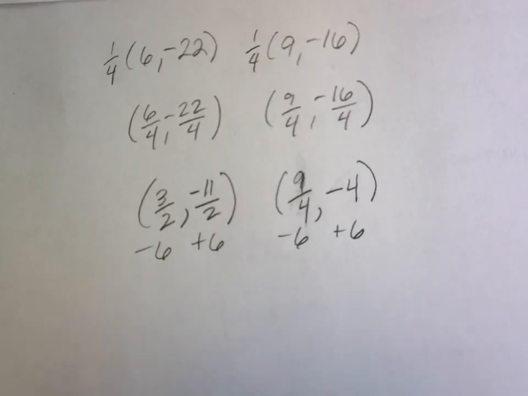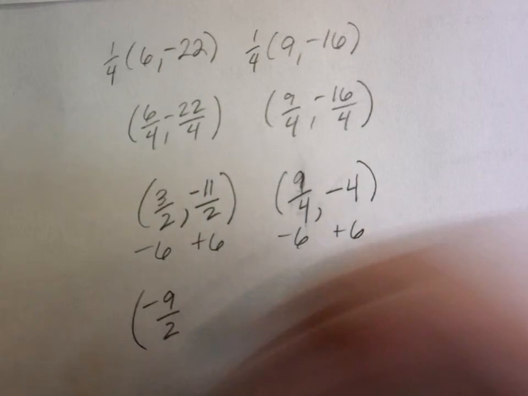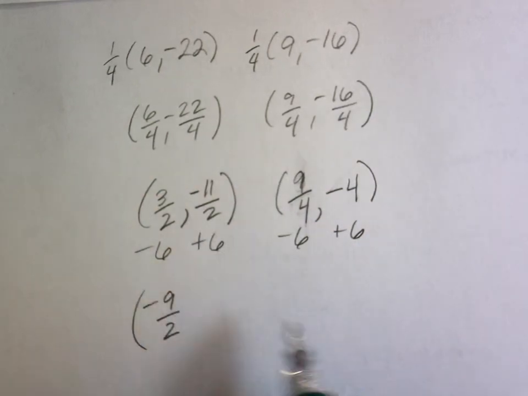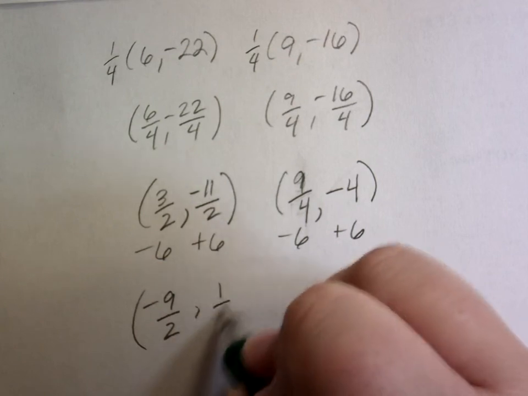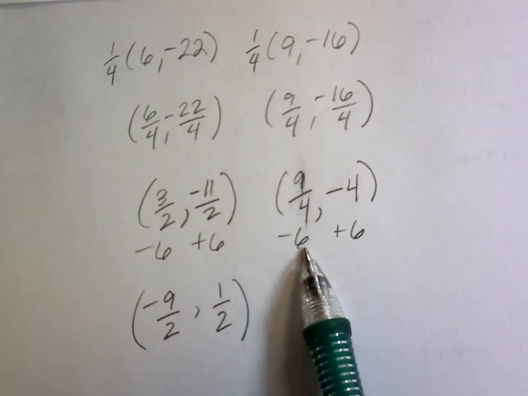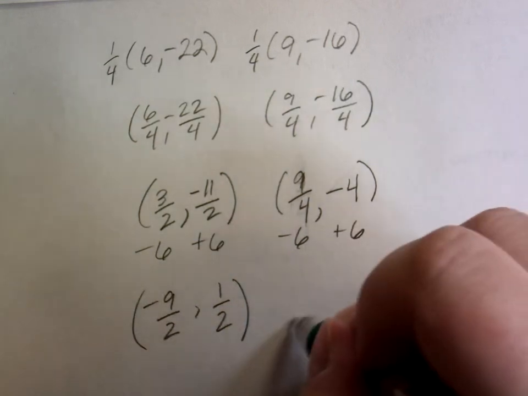3/2 minus 6 is 3/2 minus 12/2, which is -9/2. -11/2 plus 6 is -11/2 plus 12/2, which is 1/2. 9/4 minus 6 is 9/4 minus 24/4, which is -15/4.